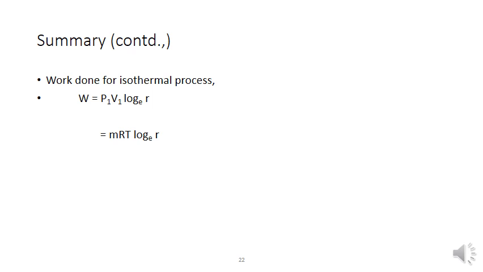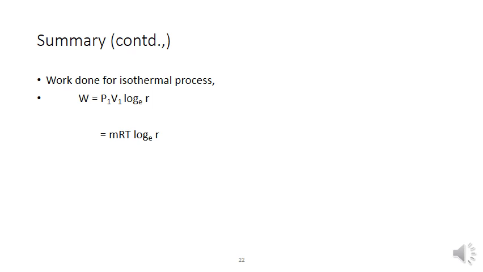We take V2 by V1 as the expansion ratio, denoted by r. Then the work transfer during the isothermal process I write as P1 V1 log e r. Since PV is equal to mRT, and T1 equals T2 equals T, we can write this as mRT log e r.